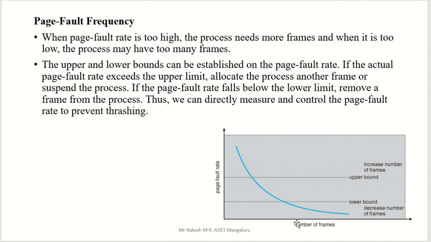So in this diagram you can see that if the page fault rate is too high, the process needs more frames, right? Here page faults are high, so the number of frames is less, so we have to increase the number of frames. When page faults are too low, we have to decrease the number of frames.